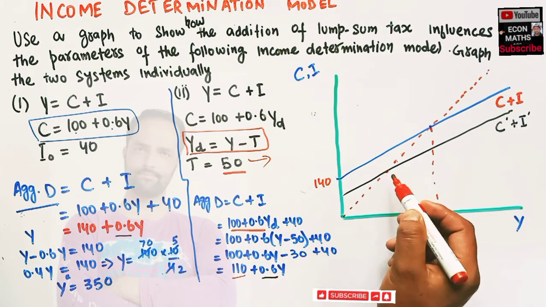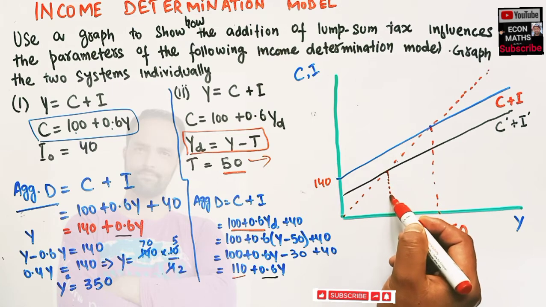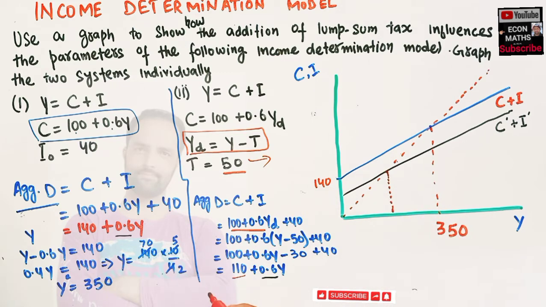So at this point, what will be the equilibrium here? That means Y should be equal to 110 plus 0.6Y. When our output, Y, or GDP, is equal to aggregate expenditure, let us solve it for Y again.